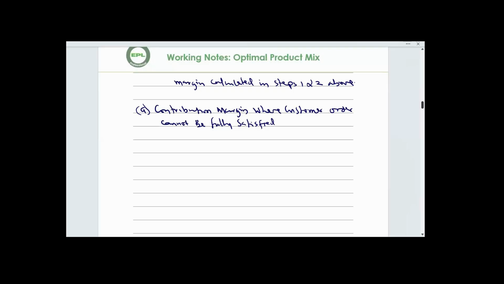In this case, because you cannot fully satisfy customer order, it means you are giving high priority to normal operation. Pay attention to this.